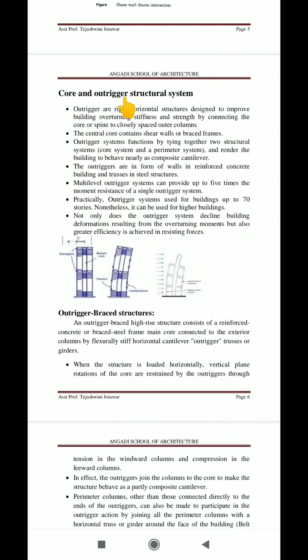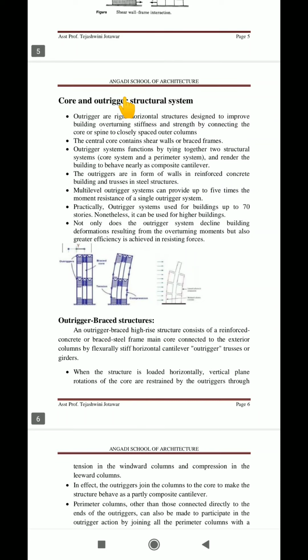And now let us know about the outrigger system. Outriggers are rigid horizontal structures designed to improve building overturning stiffness and strength by connecting the core or spine to closely spaced outer columns. So these are nothing but rigid horizontal structures which improve stiffness and strength.